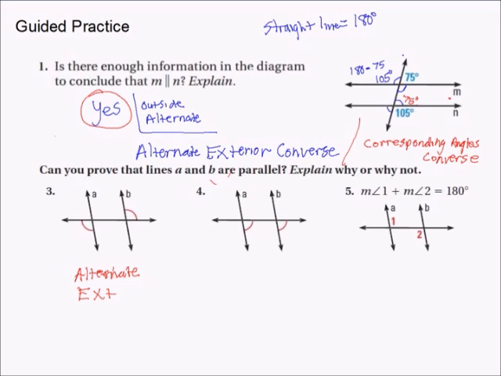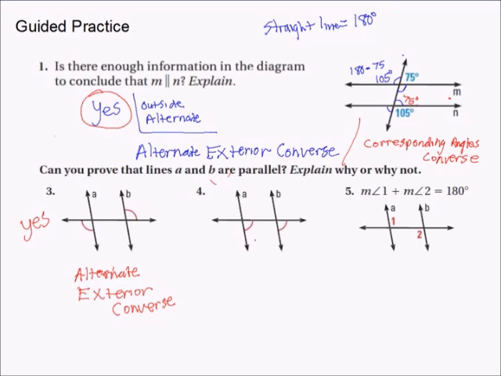Our theorem says if alternate exterior angles are congruent, then you know that A and B have to be parallel. So number 3 is a yes because of the alternate exterior converse.